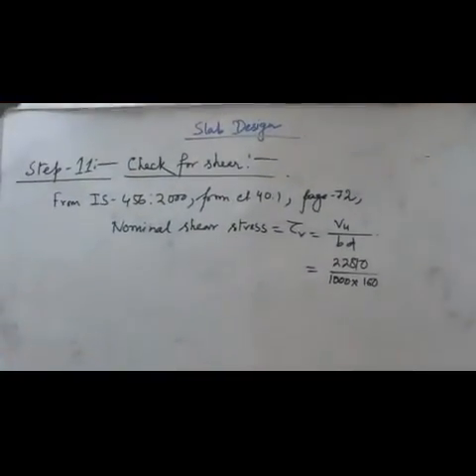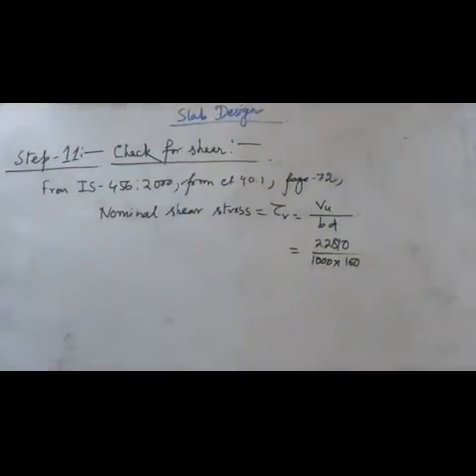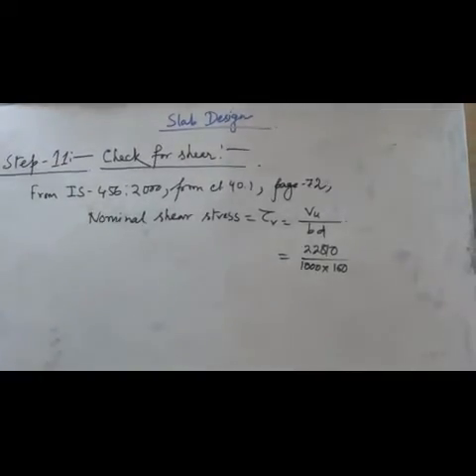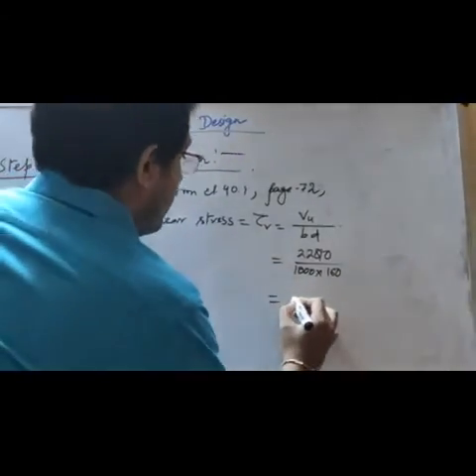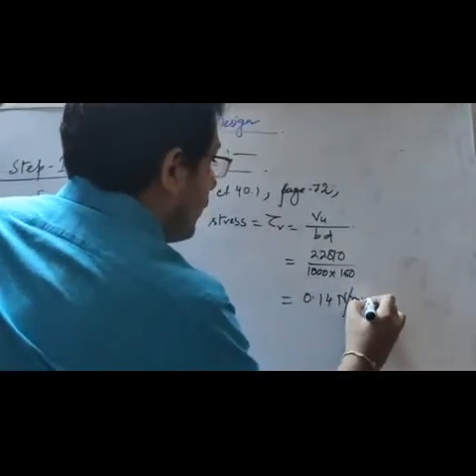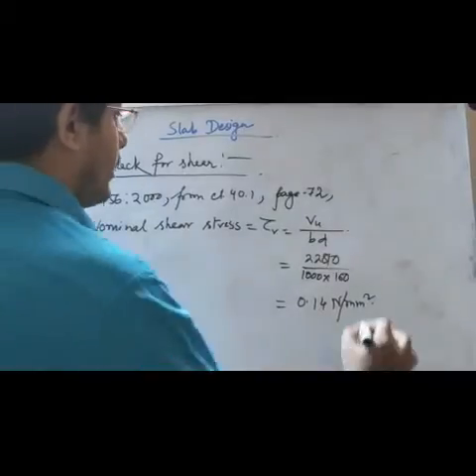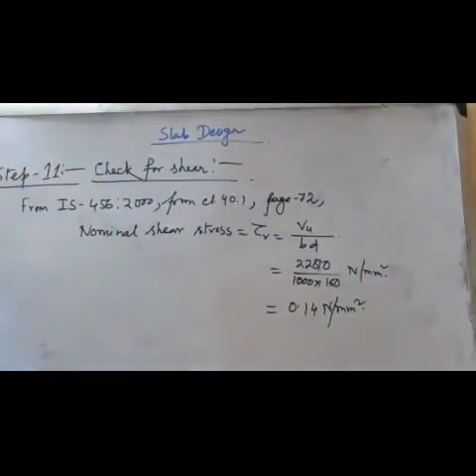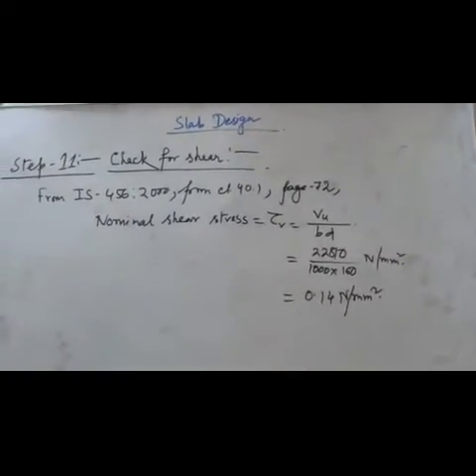So this is the equation of nominal shear stress. Now if we calculate it on the calculator, you will get the value 0.14 Newton per millimeter square. As it is a stress, the unit is Newton per millimeter square.